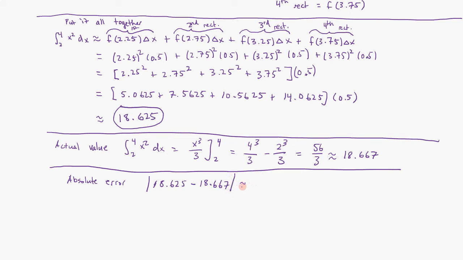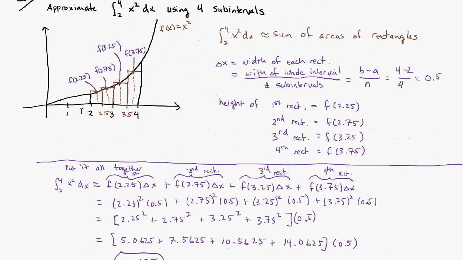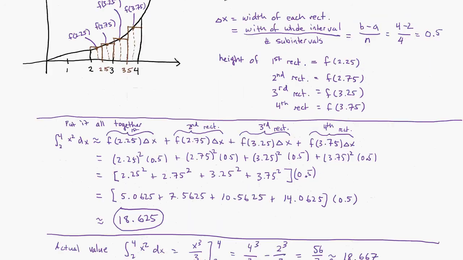So the absolute error is about 0.042. So again, it's only off by about 4/100ths. This is a fairly good approximation using only 4 subintervals. And as we know, the more and more subintervals you take, the better and better the approximation you get.